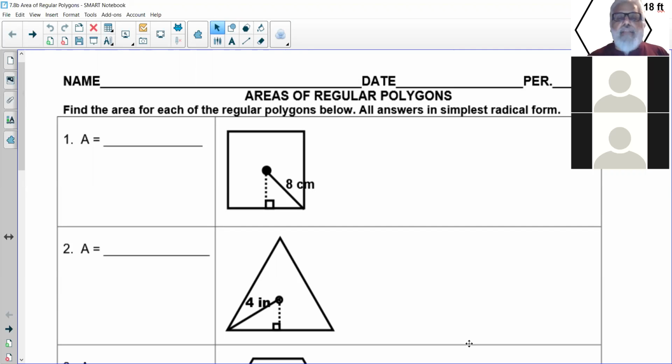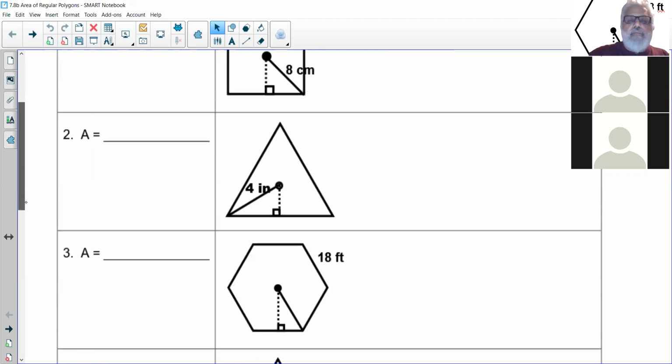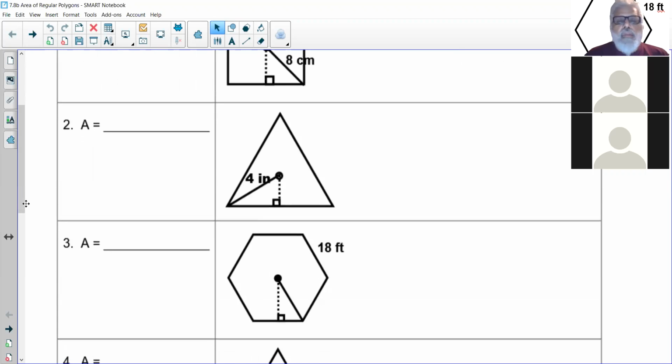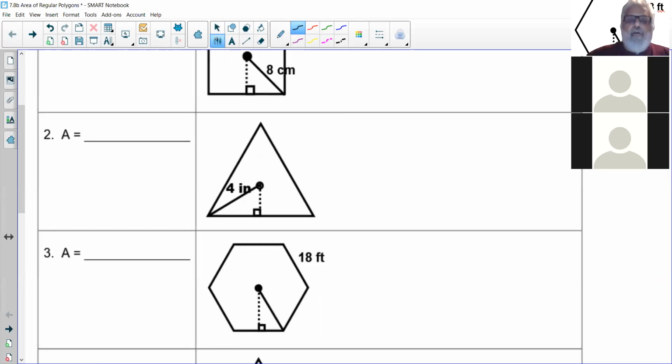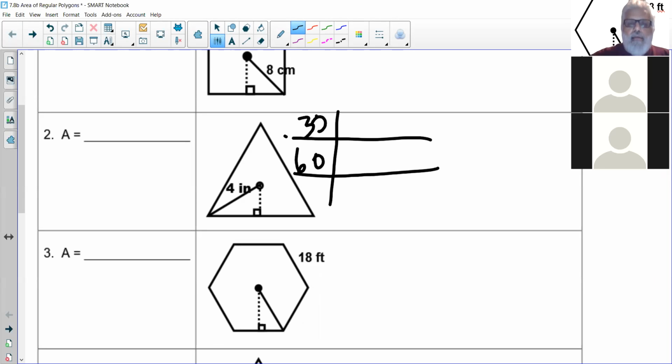Okay, so let's go ahead and do the triangle first since we just covered it. Okay, so we know it's gonna be 30, 60, 90, right? So I'm just gonna go ahead and start off with that. The 4 goes to the 90?